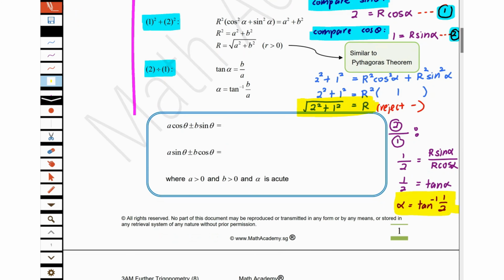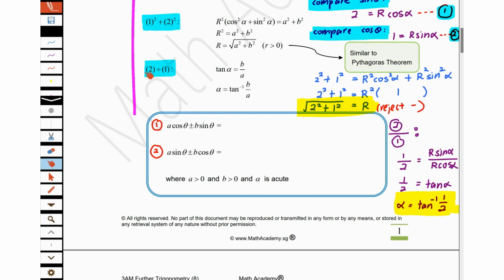Now the conclusion: let's look at equation 1, followed by equation 2. One more time, you will use our formula when you can see a cosine plus minus sine or sine plus minus cosine. There will always be a value in front. The value is called r.